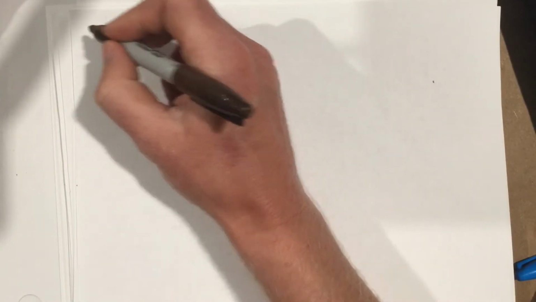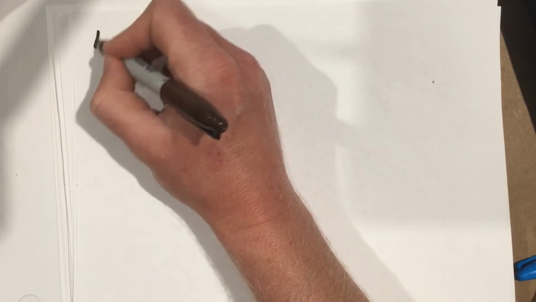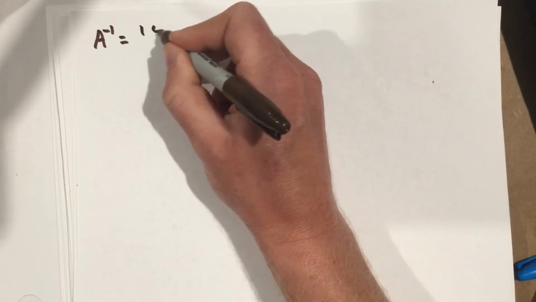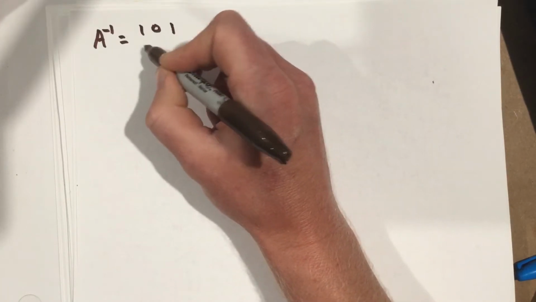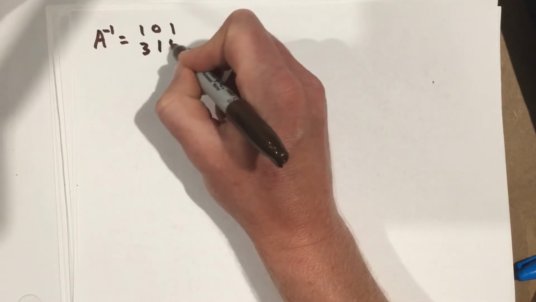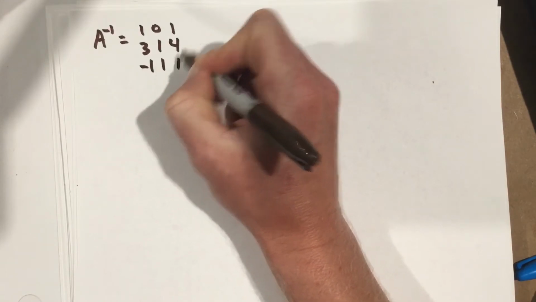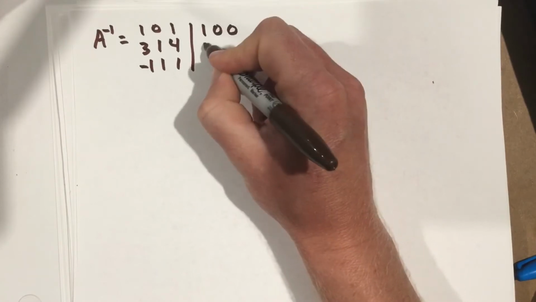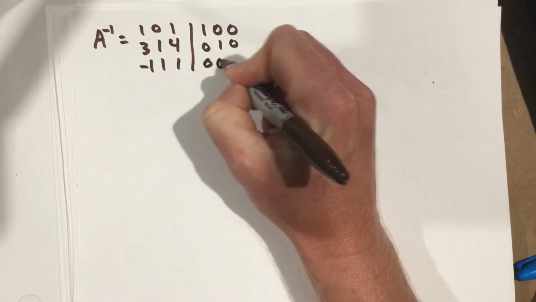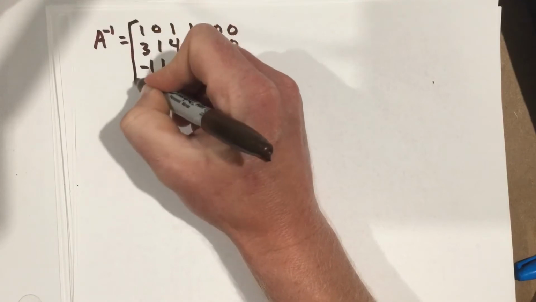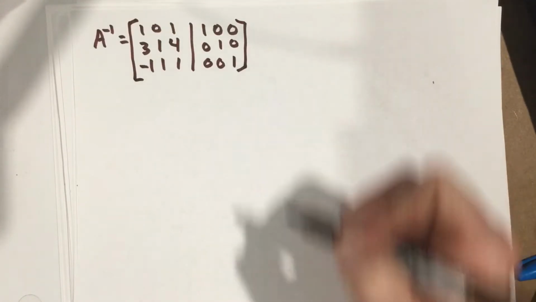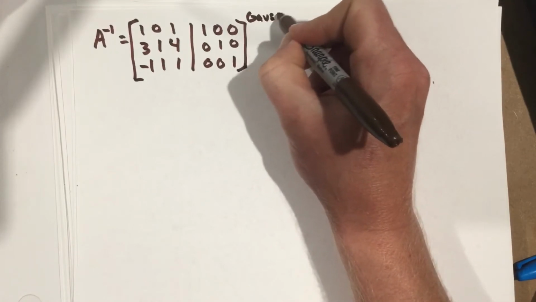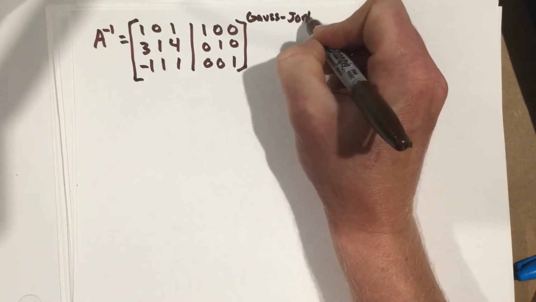We have the matrix 1, 0, 1, 3, 1, 4, negative 1, 1, 1, set basically equal to the identity, remember? And we're going to use Gauss-Jordan elimination to find A inverse.